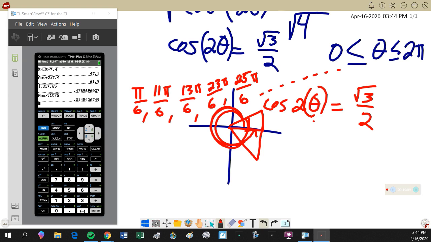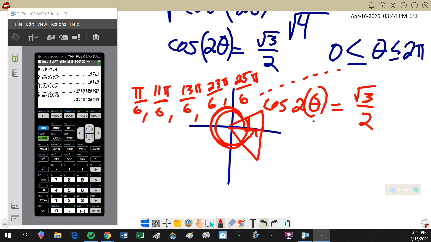Right? So, how many ways are there to take an angle within one rotation and double it and land in one of those places where the cosine is root 3 over 2?